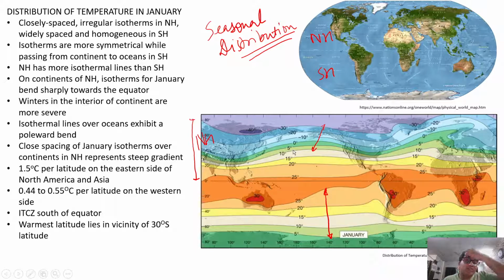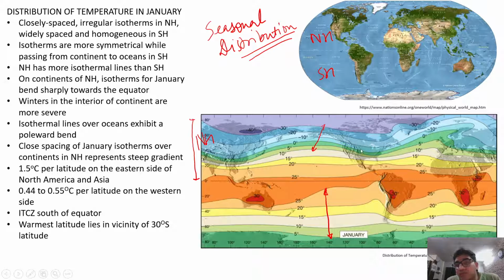Now, the isotherms are more symmetrical while passing from continent to ocean in the southern hemisphere. You can see here, if they're passing from the ocean to continent in the southern hemisphere, they are more symmetrical, they are not much deflected.